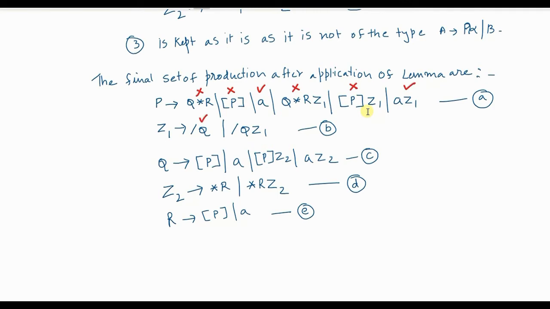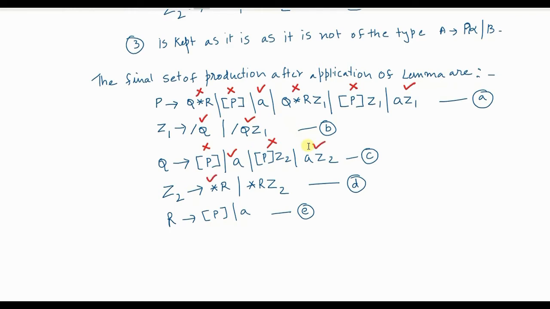This is already in GNF, this is also already in GNF. This is not in GNF, again because of the same thing. If I was able to replace this closing bracket with a non-terminal, then it would have been. This next term is already in GNF. Here also this is not in GNF. Why? The closing bracket is creating the problem. This is in GNF.